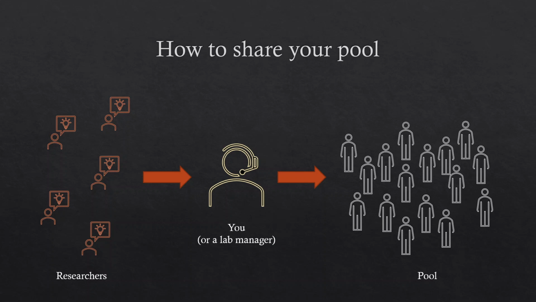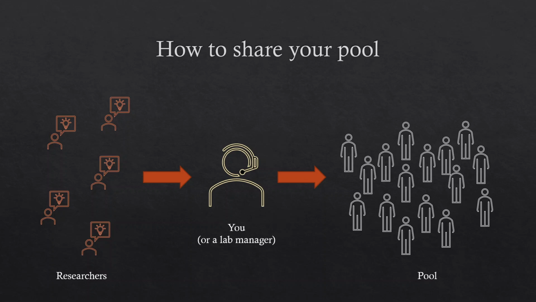Here's a procedural recommendation for how that works. You have researchers who are eligible to send requests to your pool, and somebody in the middle, you, a lab manager, a communications manager, is going to sit in between them. The researcher goes to you, or the lab manager, or the communication manager, and says, "Here's my study."